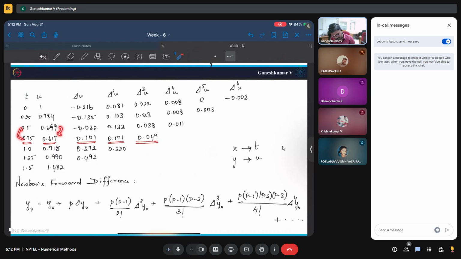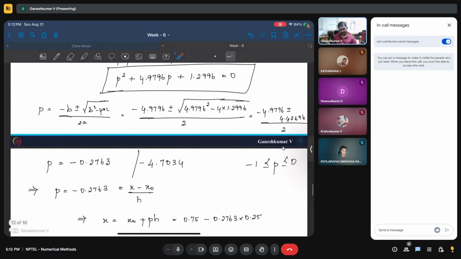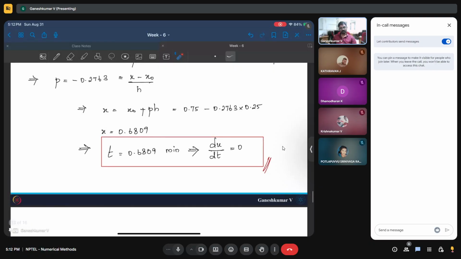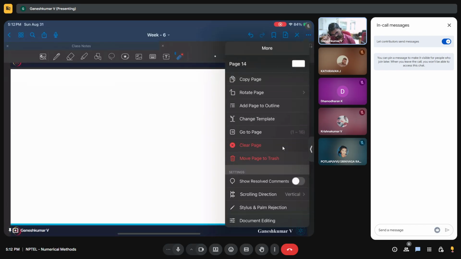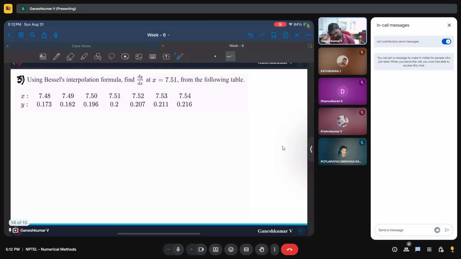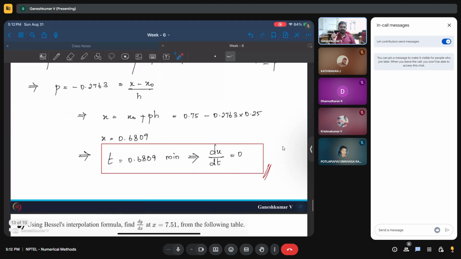Our delta u also, we found, is going from minus to positive, which means somewhere in between it's going to be 0. Any questions? Okay, I'm guessing there are no questions.